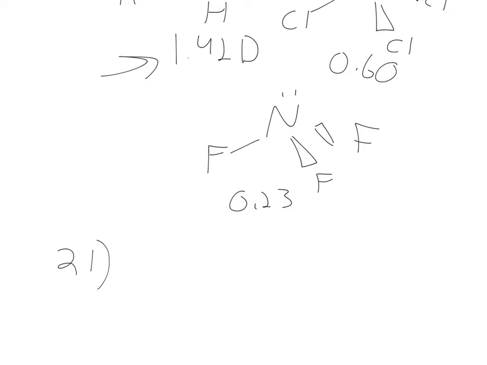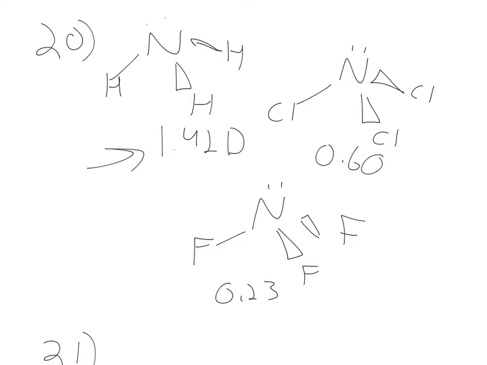1.42 for NH3, 0.6 for NCl, and 0.23 for NF. So the trend seems to be that as we go from hydrogen to chlorine to fluorine, we are getting a smaller dipole moment.